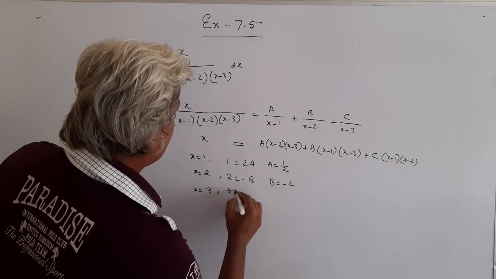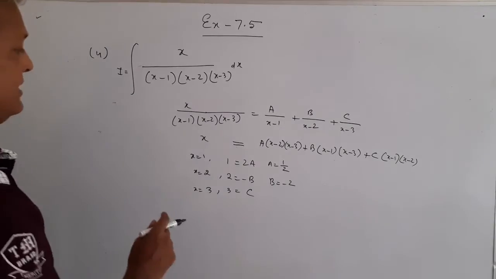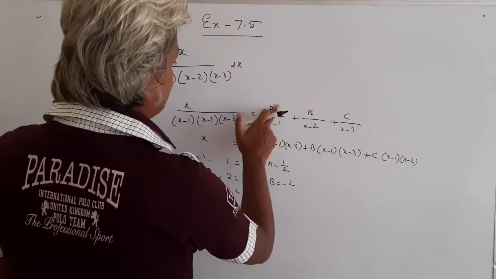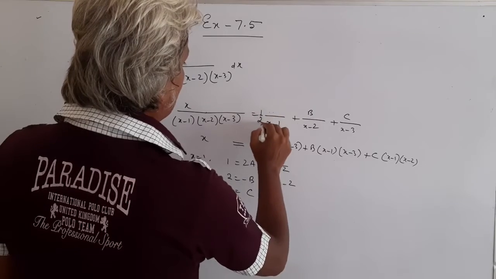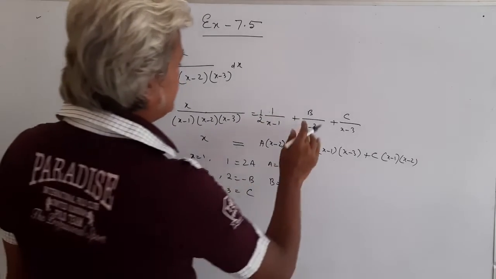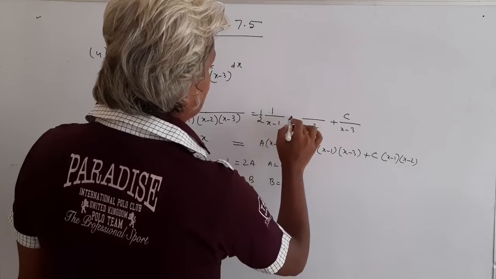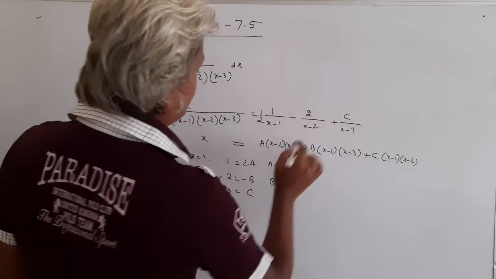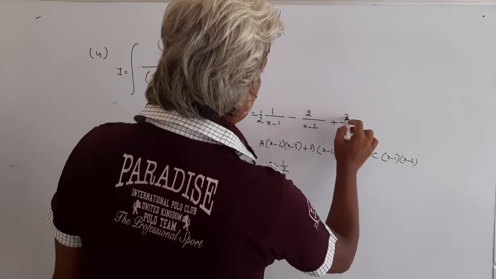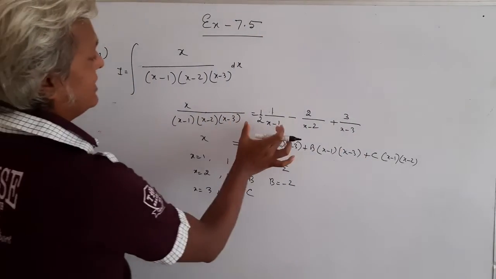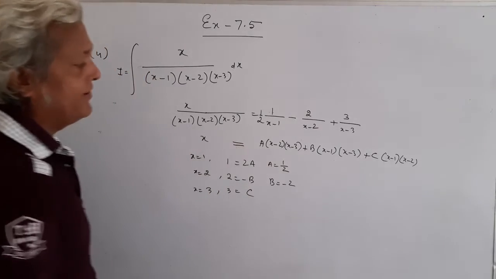So 3 equals c. It means our fraction becomes: a becomes half, b becomes minus 2, so I make this plus as minus and the 2 there, and c becomes 3, so this 3. Now this has been broken down into 3 fractions.